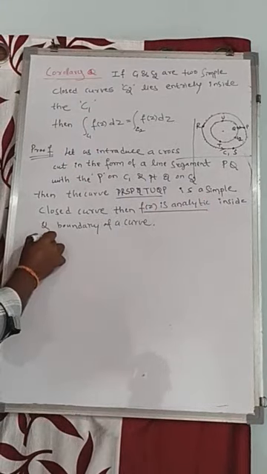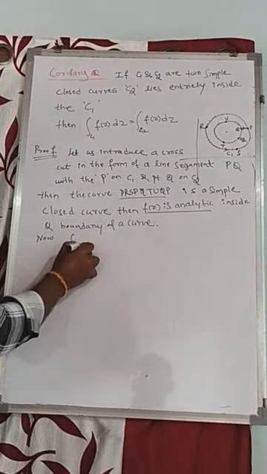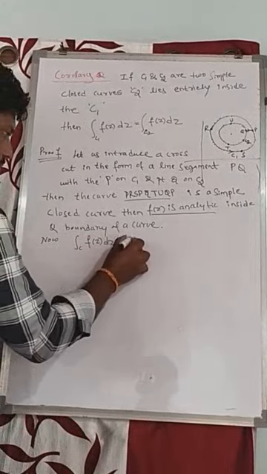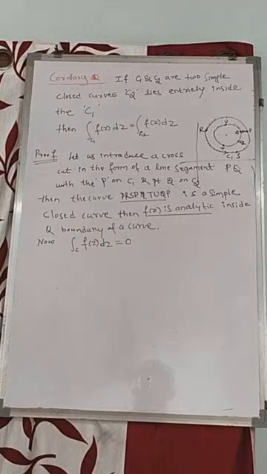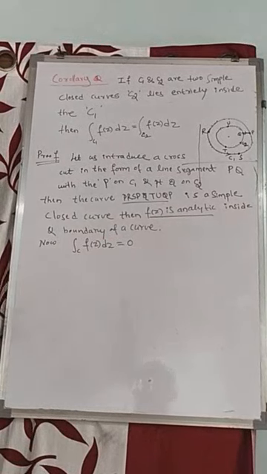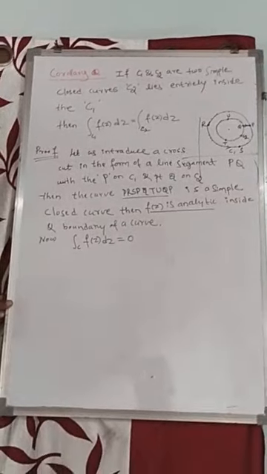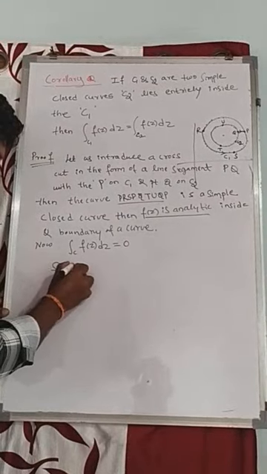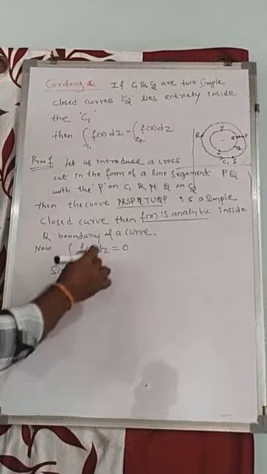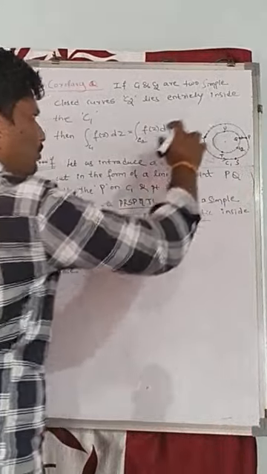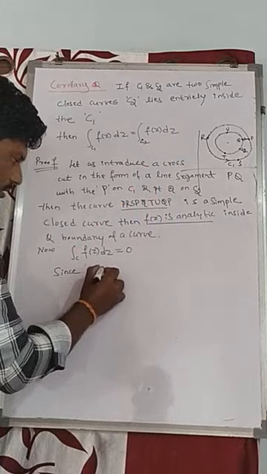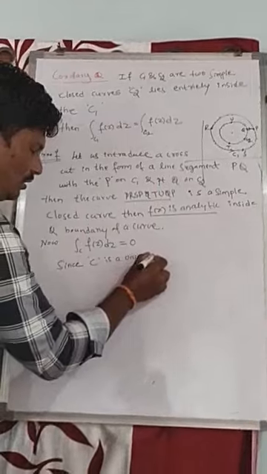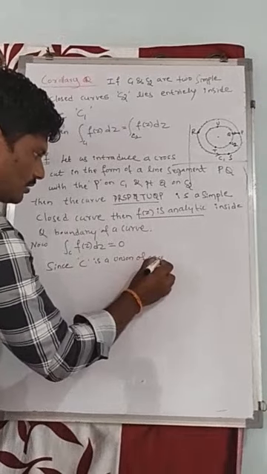Now the integration over C of f of z dz equals 0. This is Cauchy's integral theorem. Since C is a union of arcs, the curve C equals C1 and C2 total, a union of arcs.